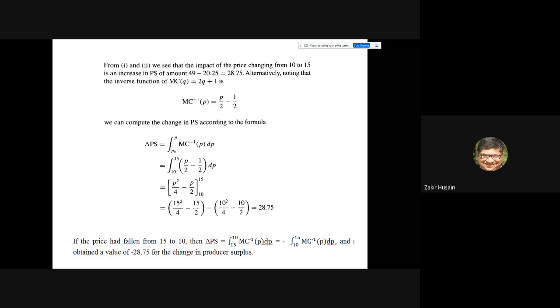So over here, they've taken the function, inverted it, and now we are asking what is the change in producer surplus when I'm moving from the initial price of 10 to 15.